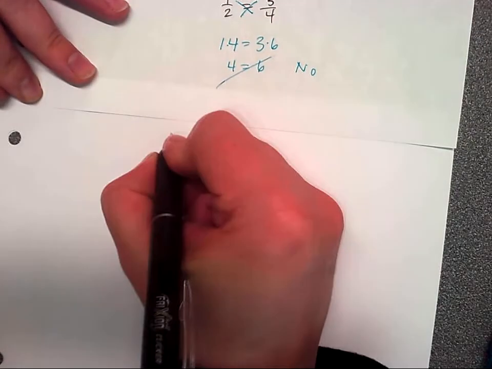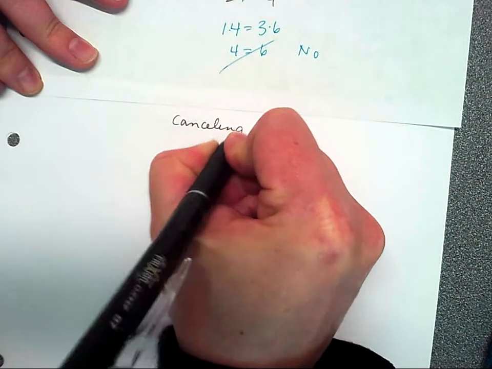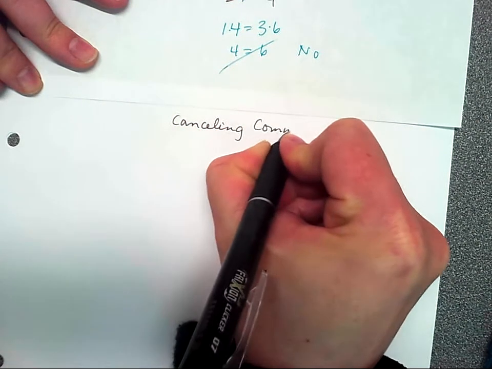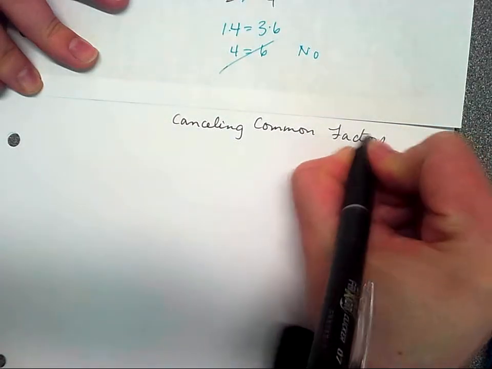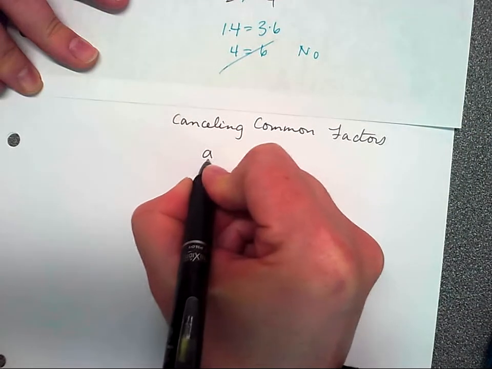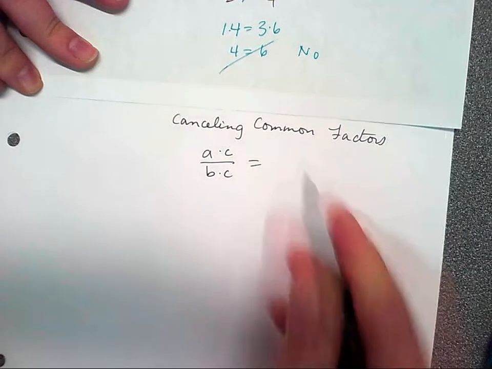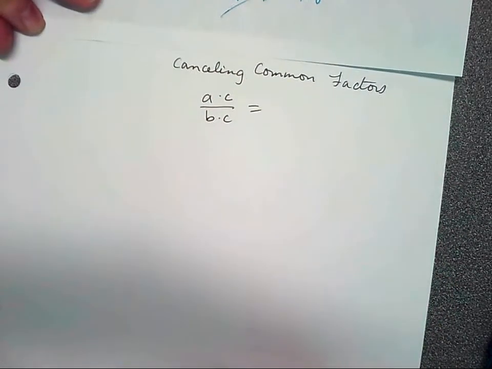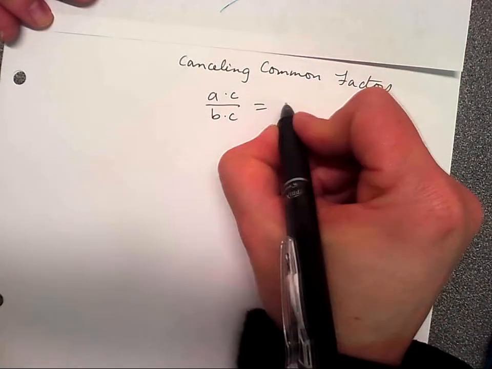Okay, let's talk about canceling common factors. So I have a times c over b times c. What does that equal? A over b.